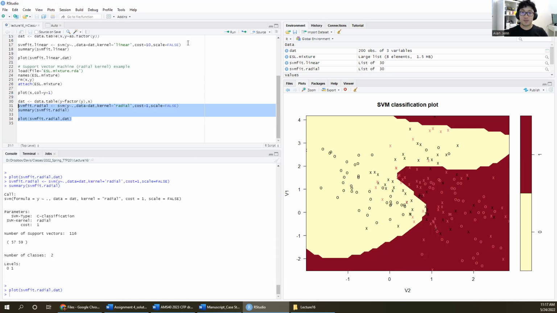Okay, any questions about SVMs? Okay, can I give an example of what X1, X2, and Y could be in the real world?